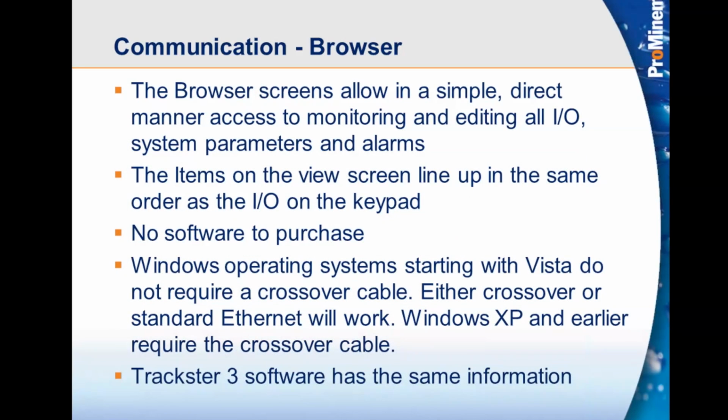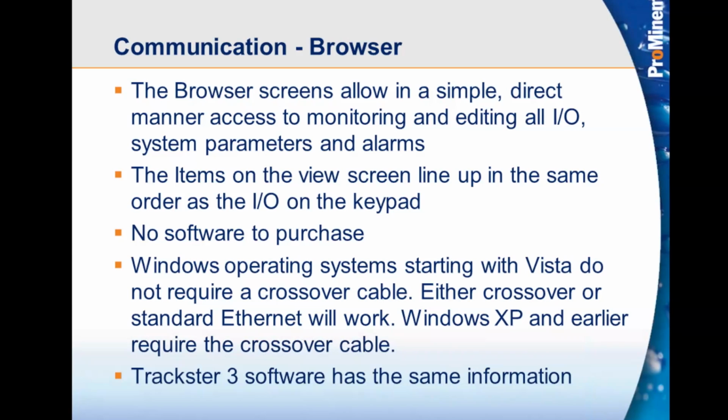So the browser screen allows us a very simple, direct manner to access and monitor and edit all your I/O, system parameters and alarms. The items on the view screen line up in the same order as in the I/O of the keypad. So when we were talking about the top part of the screen where the conductivity and the blowdown valve were together, that's the way they would show up on the keypad.